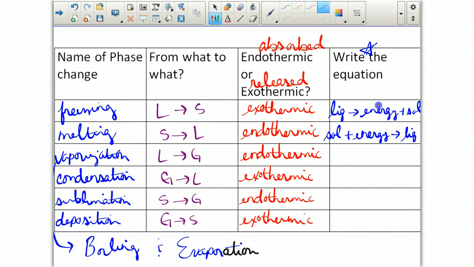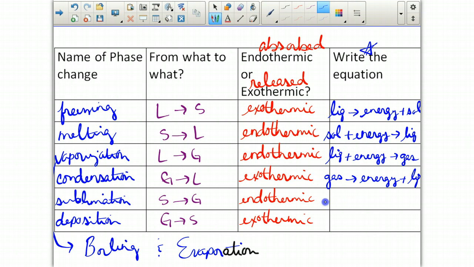And if you find energy on the product side, then it's going to be exothermic. Whereas if it's endothermic, your energy is on the reactant side. So for vaporization, a liquid has to absorb energy to become a gas. And for condensation, a gas has to release energy in order to become a liquid.